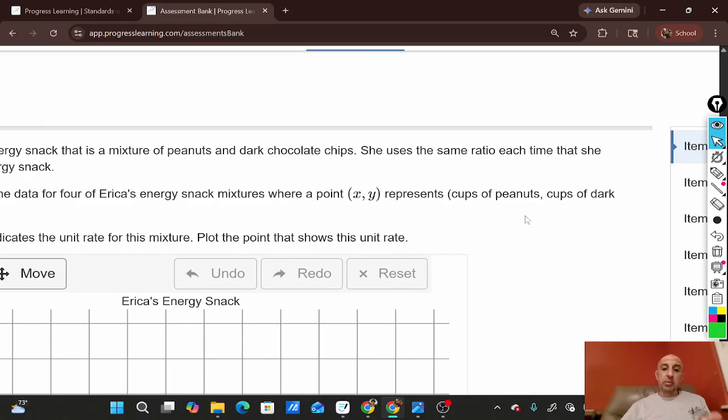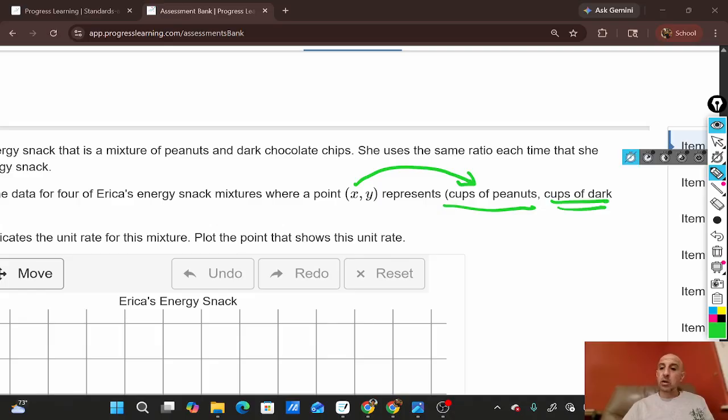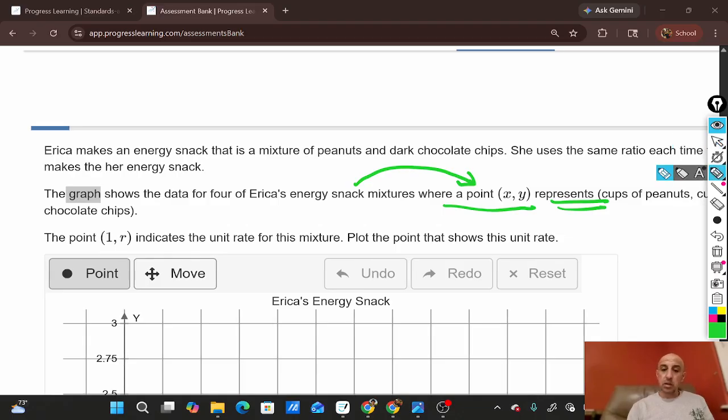So the cups of peanuts represent the x value, and the cups of dark chocolate chips represent the y value.